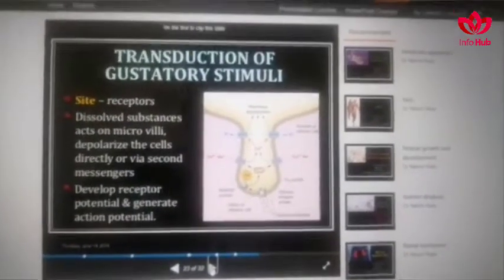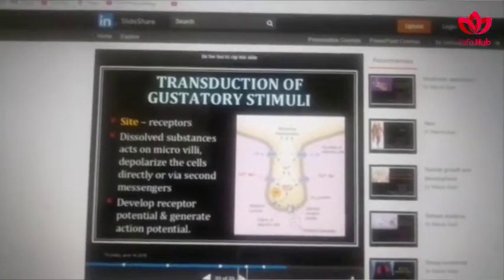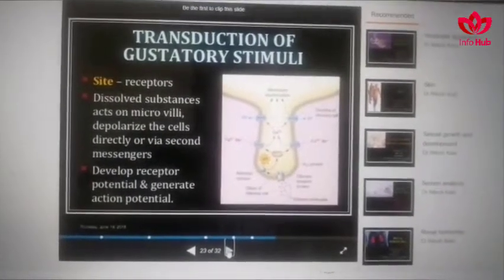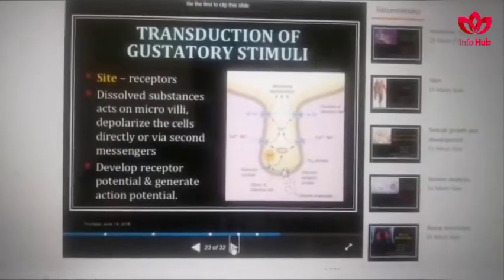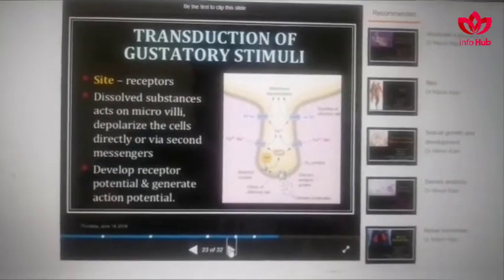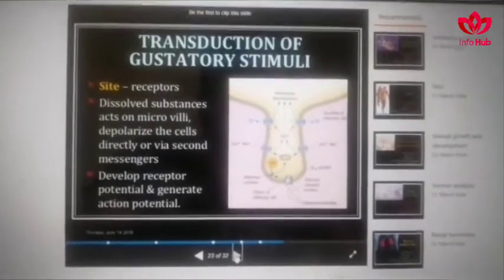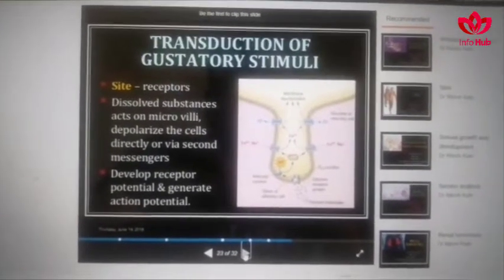Briefly, you should know how transduction takes place. Usually the dissolved substances act on the microvilli, depolarize cells directly or via second messengers, develop a receptor potential and generate action potentials.